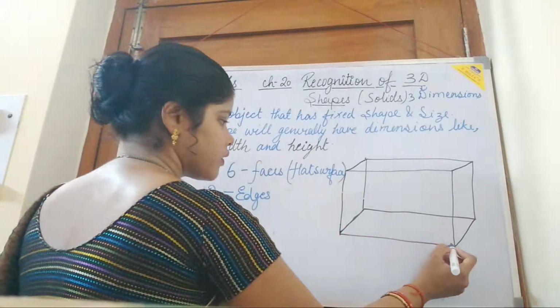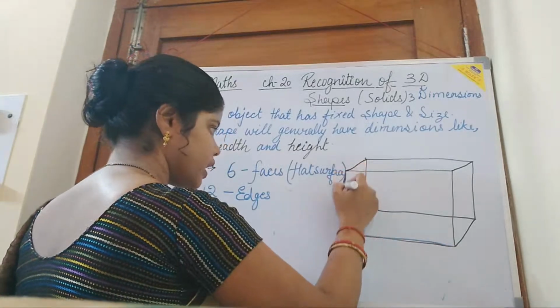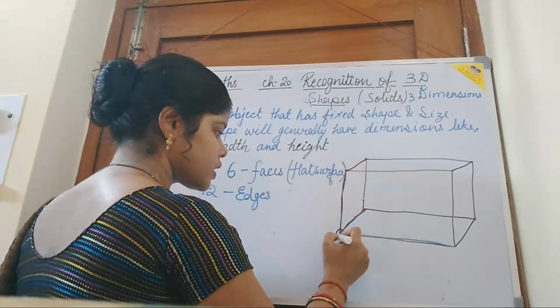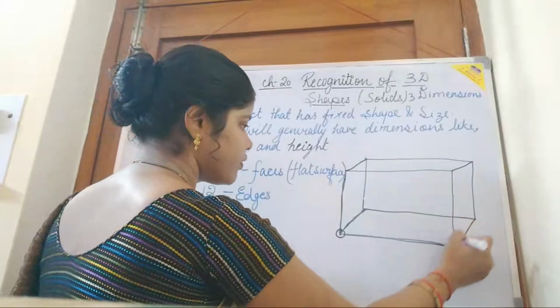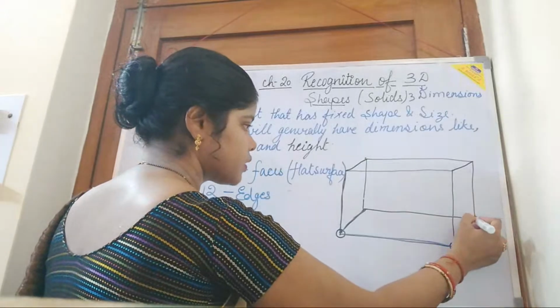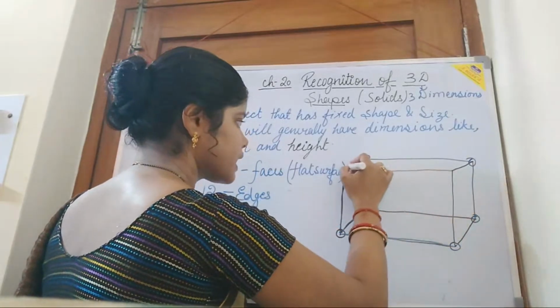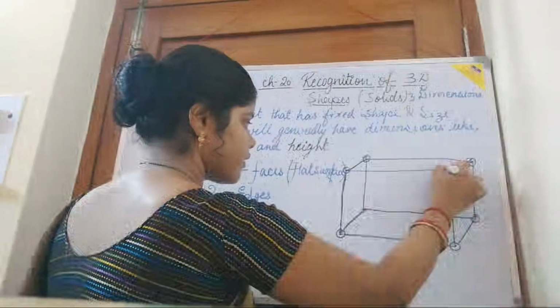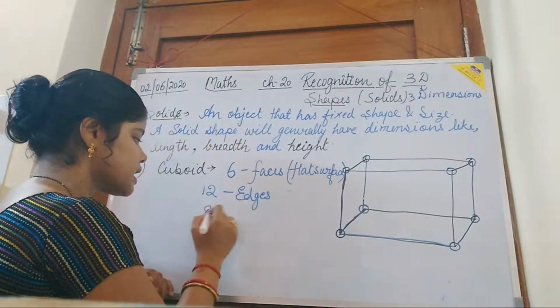Just like this one: 1, 2 and 3 edges meet, so this forms one vertex. Like this we have 2, 3, 4, 5, 6, 7 and here 8. So how many vertices? 8 vertices.